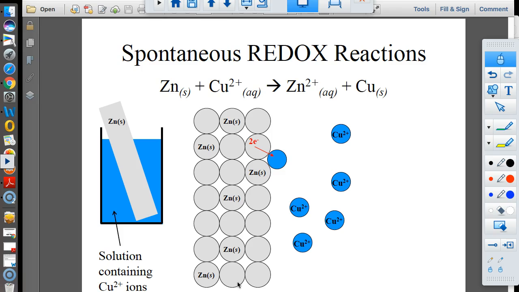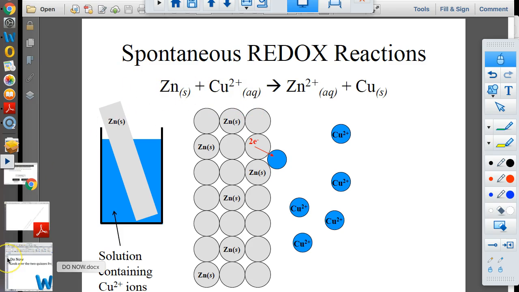Okay. So what you're going to have to be able to do is take a redox reaction. They're going to give you a reaction, and you're going to have to figure out what the reduction half reaction is and the oxidation half reaction is. So I want you to take a second and split this up into a reduction half reaction and an oxidation half reaction. And if the electrons aren't balanced, then you'll need to do that, but I think they are balanced.